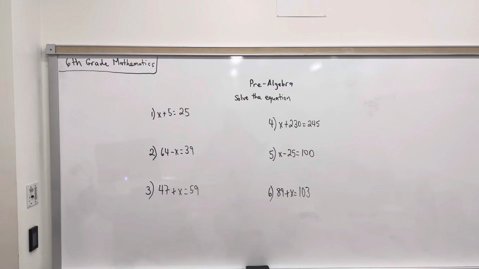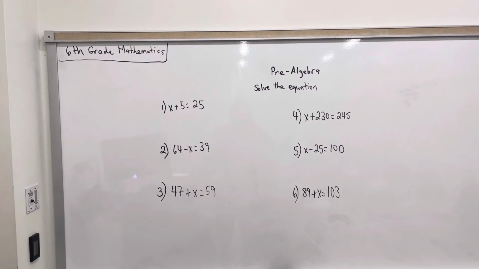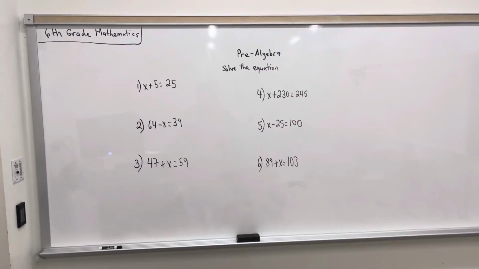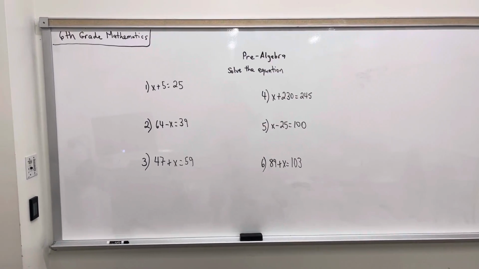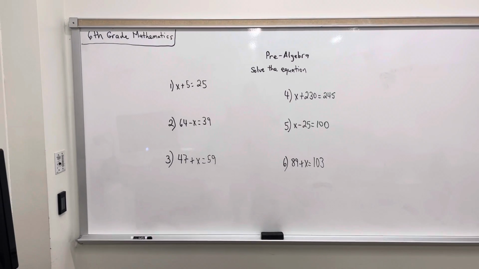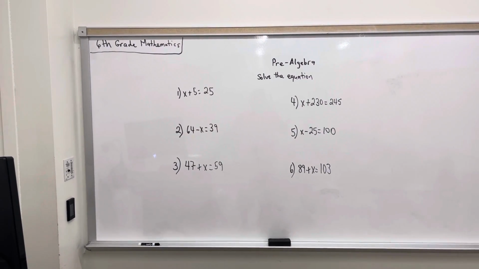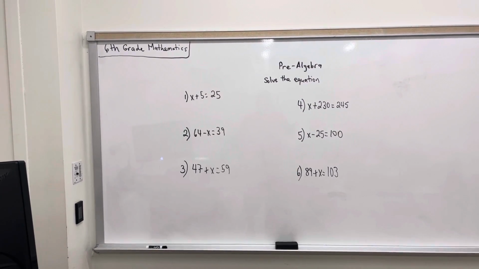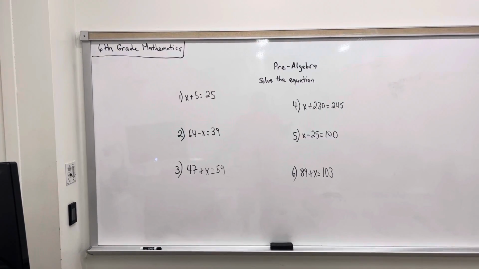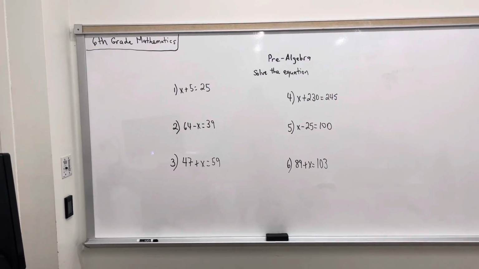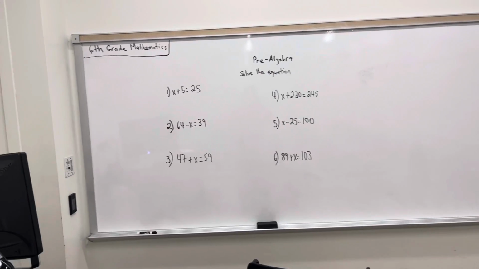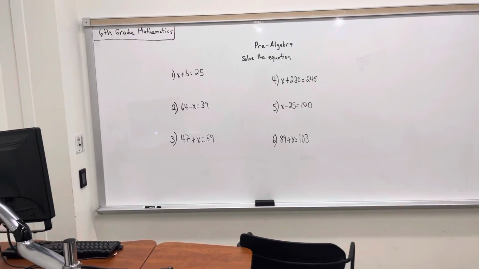So now we're going to start something called pre-algebra. These are the type of problems here. I have sixth grade math on the board, but this is primarily middle school math. There are people in sixth grade that learn this, some that learn it in seventh grade, and some that learn it in eighth grade. So it doesn't really matter what grade level you're at. There's always something new to learn.